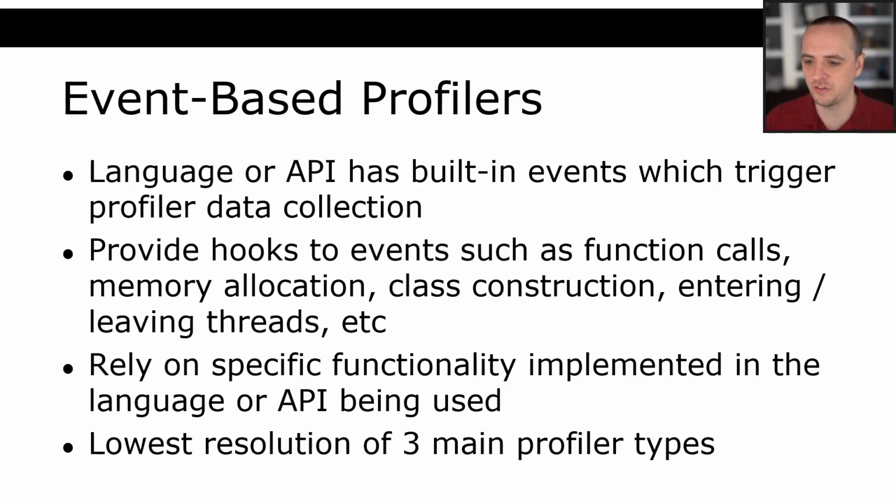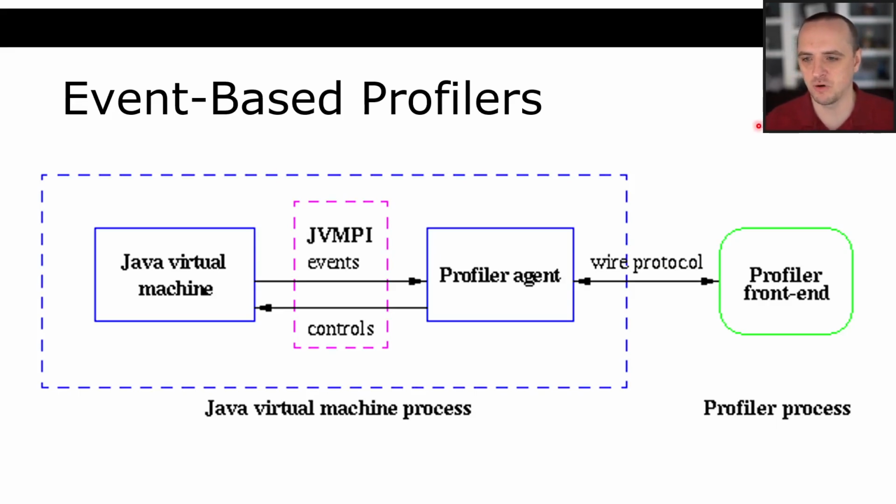And of all the three different types of profiler that we're going to be talking about, these have the lowest resolution, if you will. Event-based profilers kind of look like this. Let's say we have the Java virtual machine. JVMPI is a library that you can use for Java.